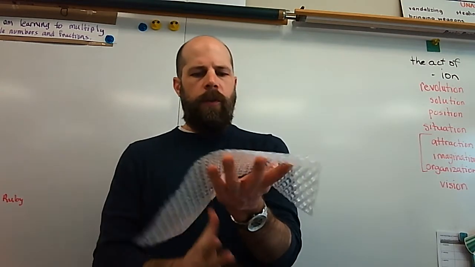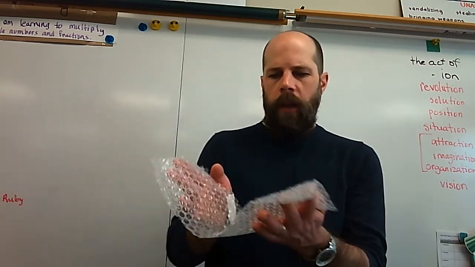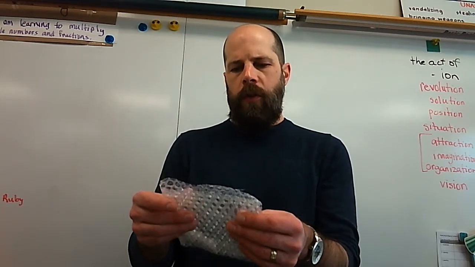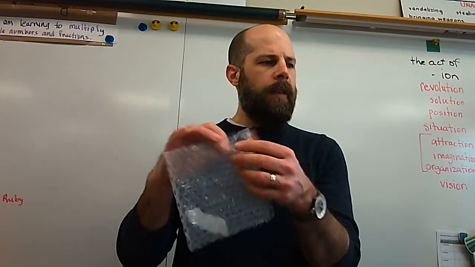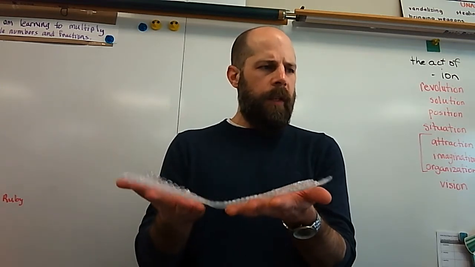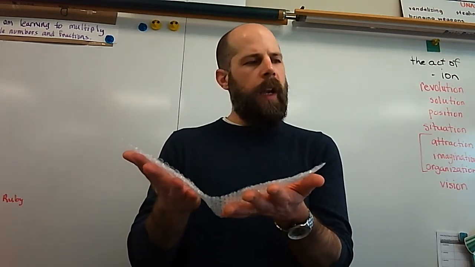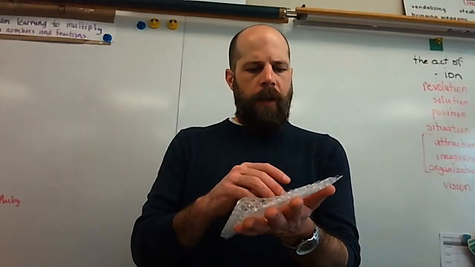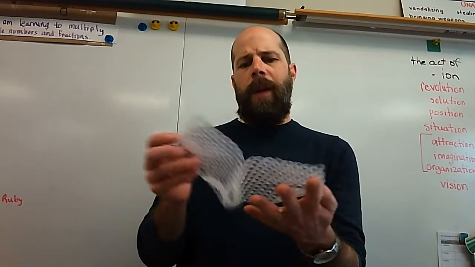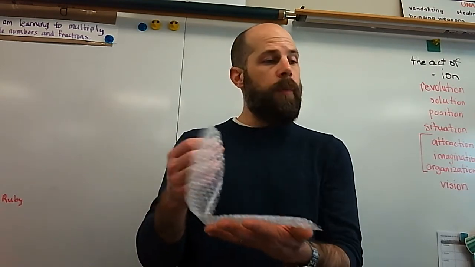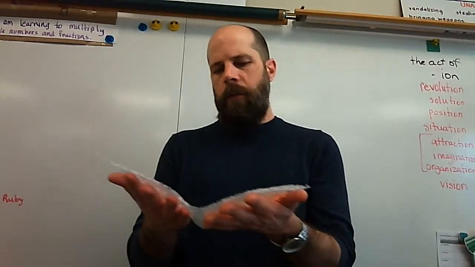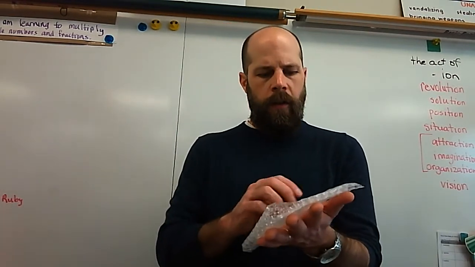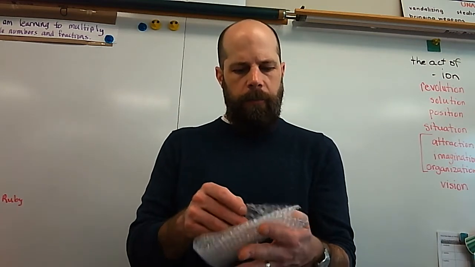So you and your group are going to talk about how you would use this bubble wrap to protect it. Talk about possible ways you could take a piece of bubble wrap like this and use it to protect your sugar cube. If you don't have bubble wrap, there's other things you could use, like paper towel, paper, or newspaper perhaps. Find some other materials around your house that you could use as a protective barrier against the collision.